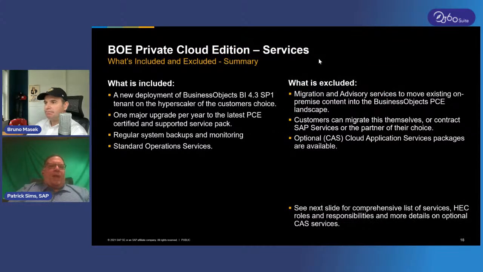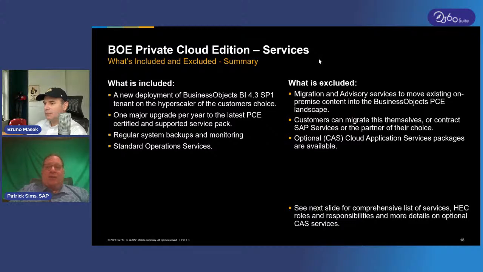Yep. In terms of services, what is or is not included then too, right? So what's included is, again, a deployment of 4.3 Service Pack 1 on the hyperscaler of your choice. You get one major upgrade per year to the latest PCE that is certified and supported from a Service Pack standpoint. You also get regular system backups and monitoring, and then any other standard operations services.